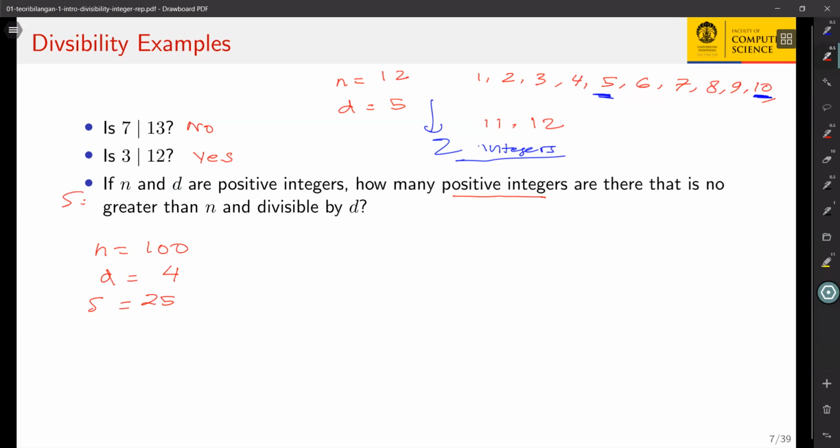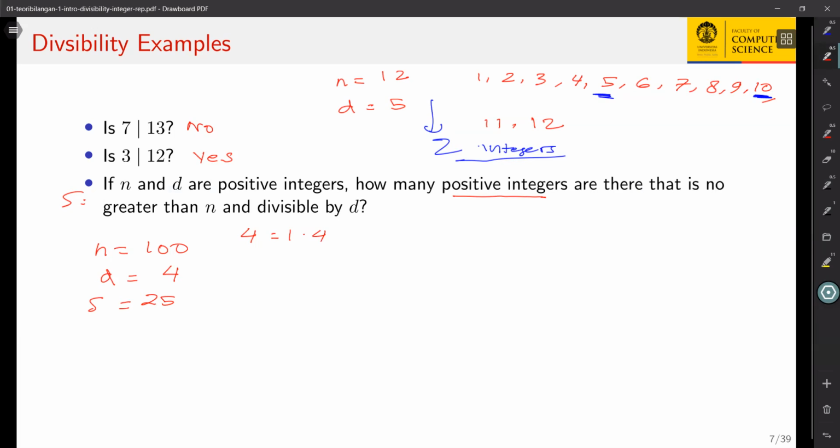Why do you get 25? Because 100 divided by 4 returns 25, and it is an integer, which means that there are 25 numbers that are multiples. Okay, so essentially what we want to do is look at this, right? What will be the smallest possible multiple of 4? You start with 4, which is 1 times 4.